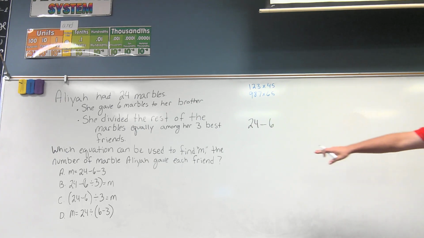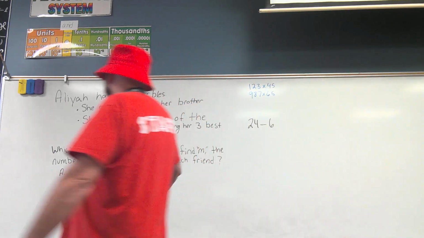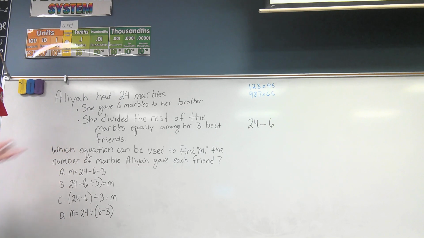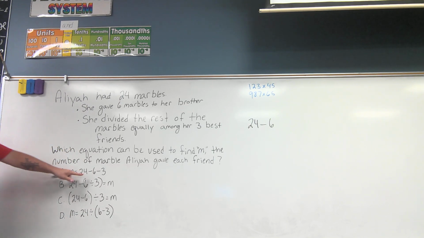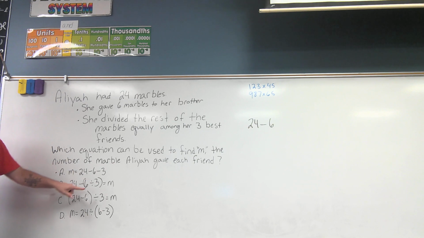I can look at these. Another way to do it is see which one doesn't do 24 minus 6. Oh, I've got a 24 minus 6 there. So as far as the first step, A could be an answer. There's a 24 minus 6 here, but the parentheses they would have to start with, so it wouldn't be 24 minus 6 if you started with the parentheses.